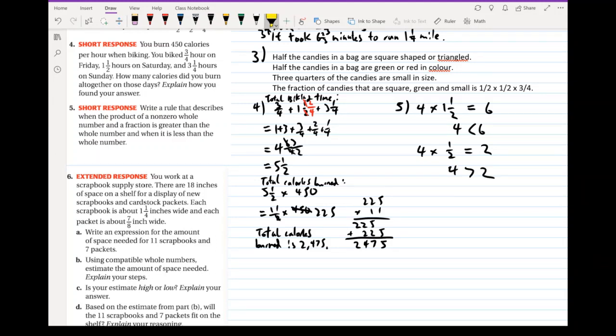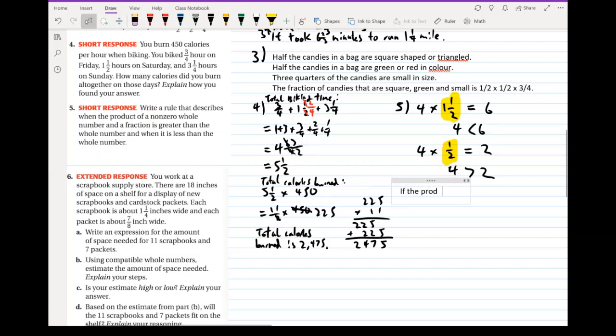Now what I want us to notice is that this fraction is bigger than 1, and so the result will be bigger than the whole number. And then if the fraction is less than 1, then the result will be less than the whole number. So hopefully you understand what that meant. Now to put this in writing, you can put it here.